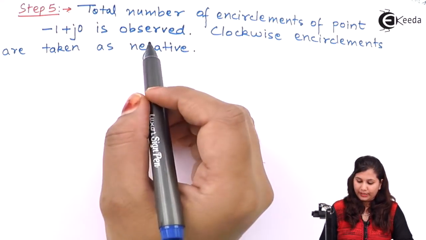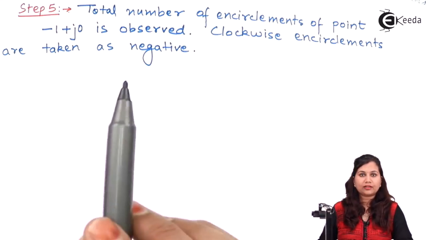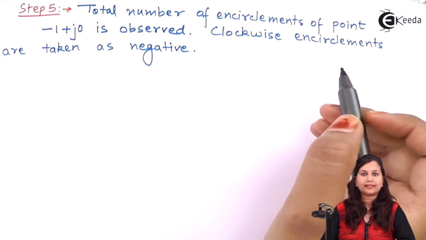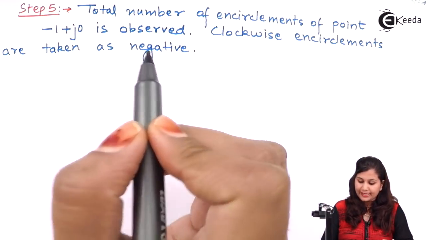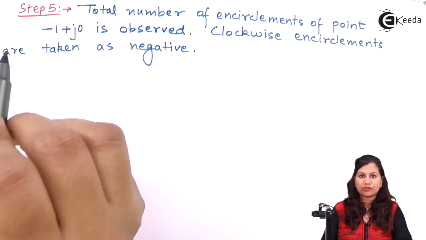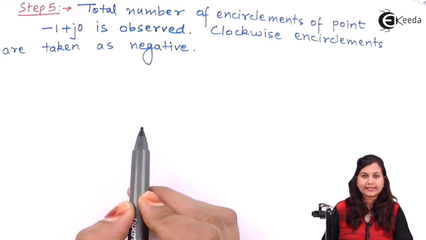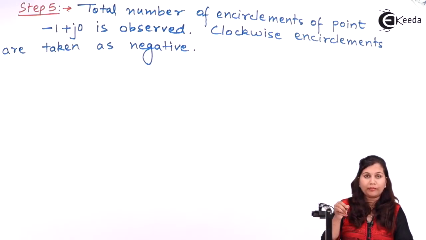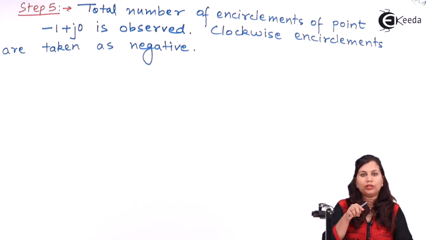Now in these encirclements, if the encirclement is clockwise, then it is taken as negative. Encirclement means that the point minus 1 plus j0 is lying inside the path which is formed by joining the polar plots.